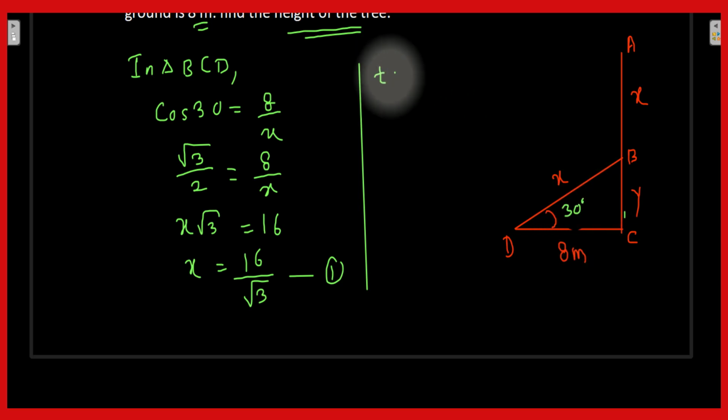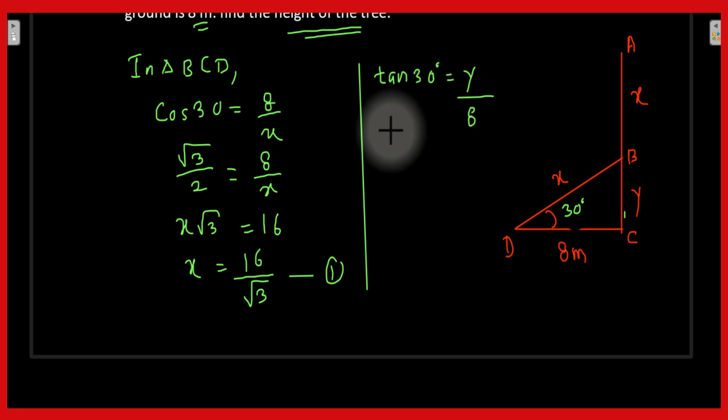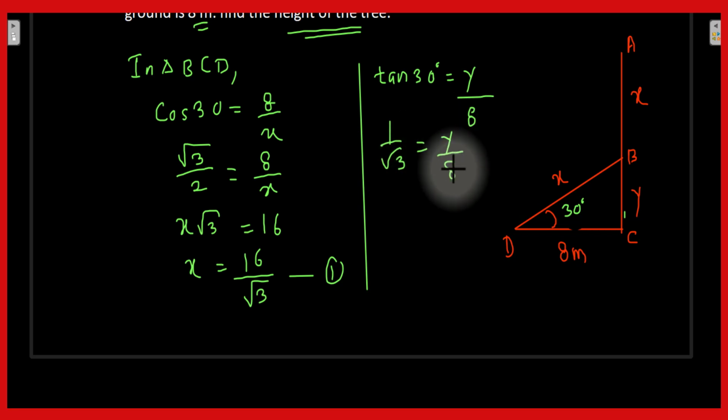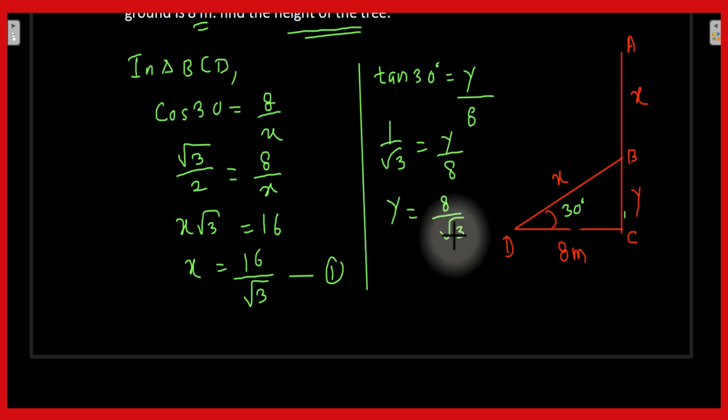So tan 30 is equal to opposite, that is Y, upon adjacent, that is 8. The value of tan 30 is 1 upon root 3, which is equal to Y upon 8. Take 8 to this side, so Y is equal to 8 upon root 3.